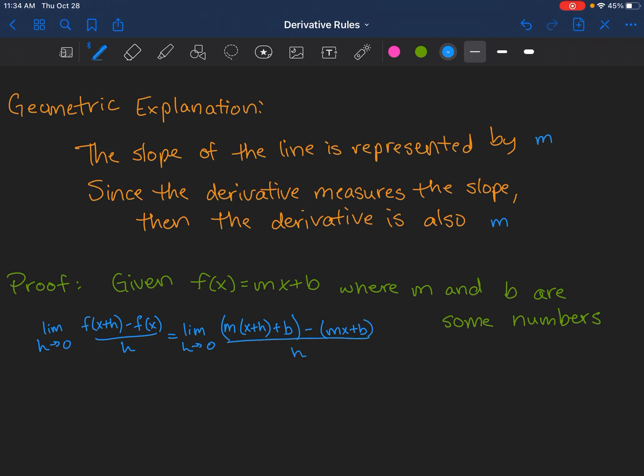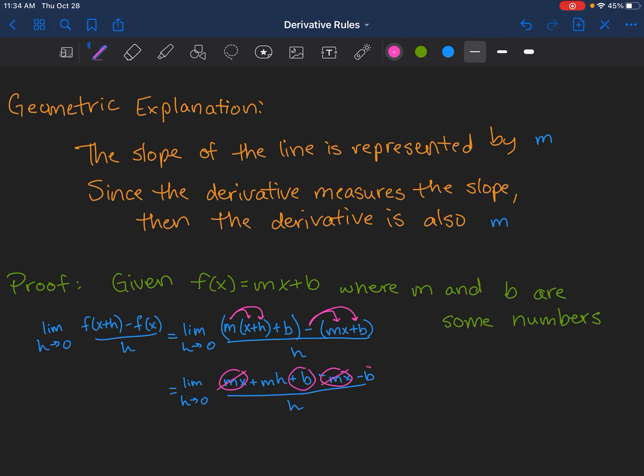Now I'm going to distribute the m, and I'll do it in pink, this m to this x and h, okay? So that will give me the limit as h goes to 0 of mx plus mh plus b. And I'm also going to distribute the minus sign here, so minus mx minus b. And just like when we did these problems before, this mx minus mx will cancel.